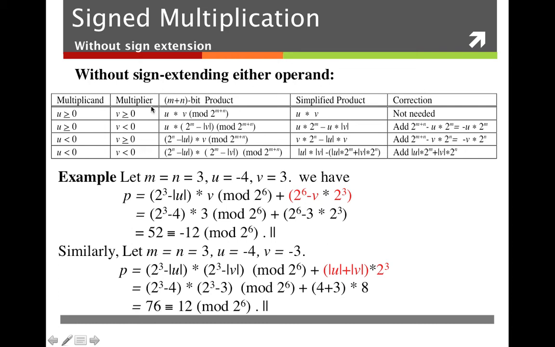And so the result will have to be an m plus n bit product. And of course now we're assuming that these two operands, by the representations we pick here, can be positive or negative. So when the two operands are both positive, the m plus n bit product basically represents a proper product.